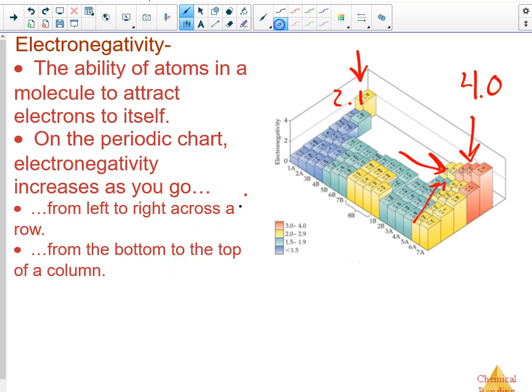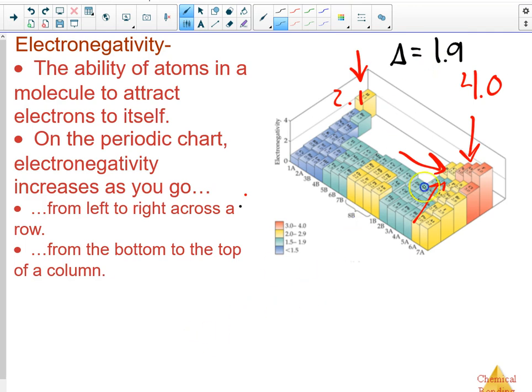All right. When we talk about electronegativity, we talk about the difference between these two values. This difference is 1.9. That's a very large difference, all right, especially for something that is polar covalent.